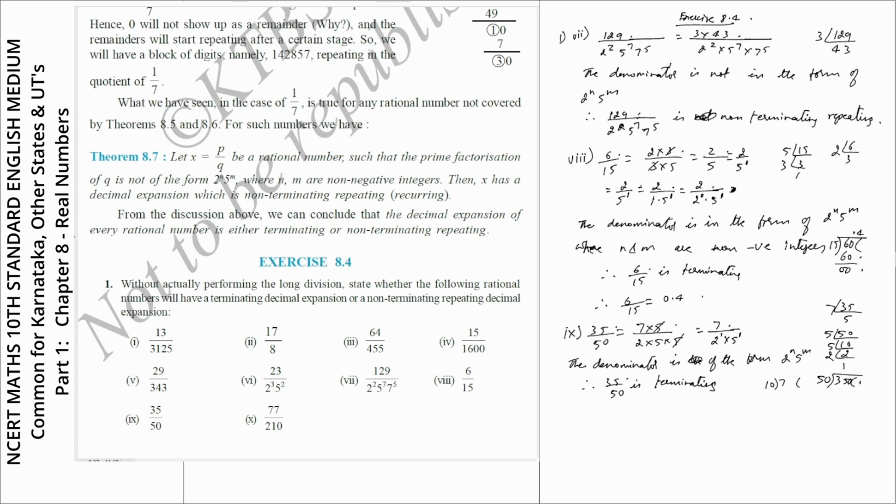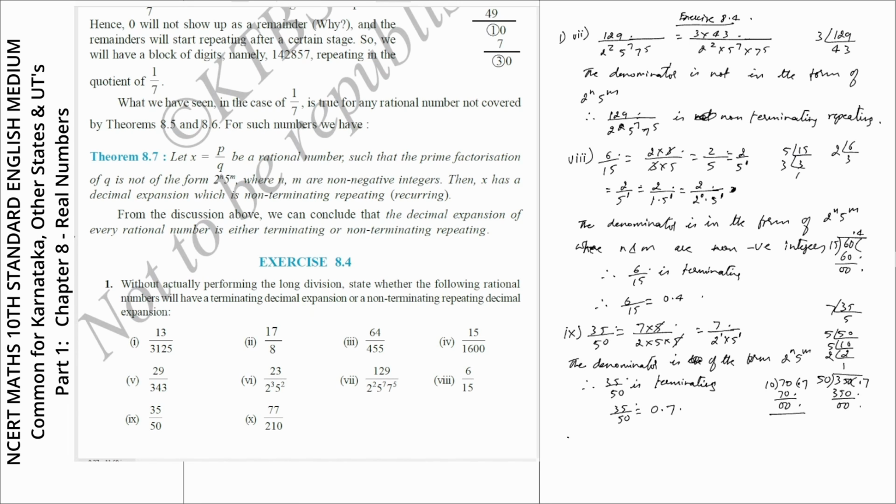Now 7 5s are 35, so 350. See here, some common factor got divided and I got 7 by 10. If you divide 7 by 10, then also I should get the same answer. So I will put one decimal point, put one 0, 10 7s are 70. So 0.7 is the answer. Therefore 35 by 50 is equal to 0.7.